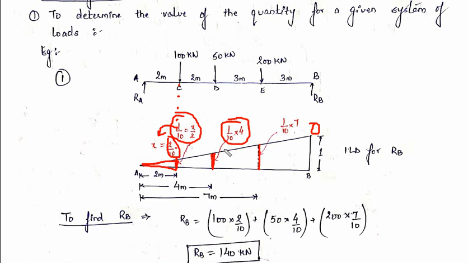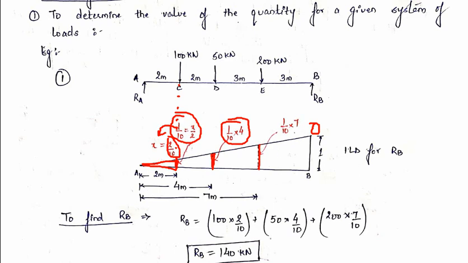You can apply the similar triangle property, or you can just remember this formula: the perpendicular of the bigger triangle divided by the base of the bigger triangle into the distance of that ordinate from the left support or the right support. You have to take the distance of the ordinate from the apex point. The apex of this triangle is at A, and that's why we have taken 4. So this ordinate will be 4 by 10, and the next ordinate will be 1 by 10 into the distance from the apex point A, that is 7.